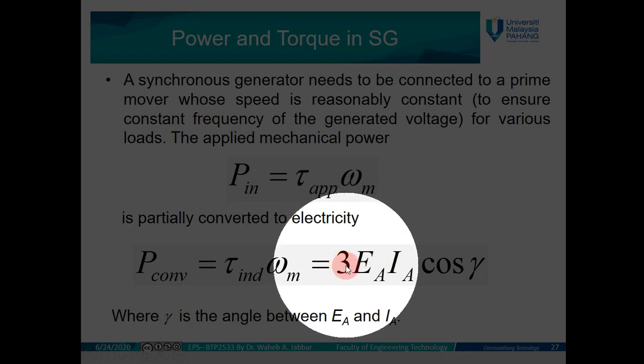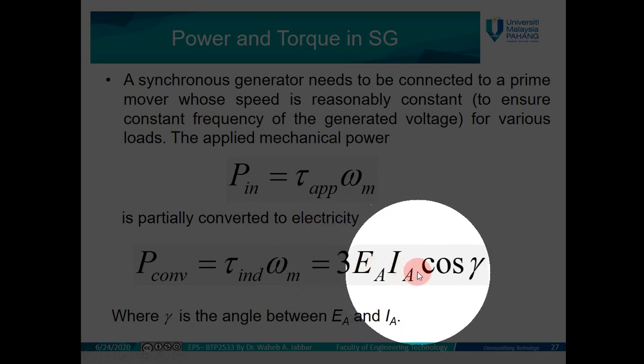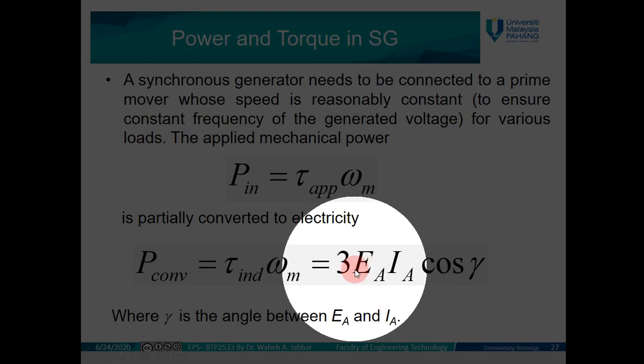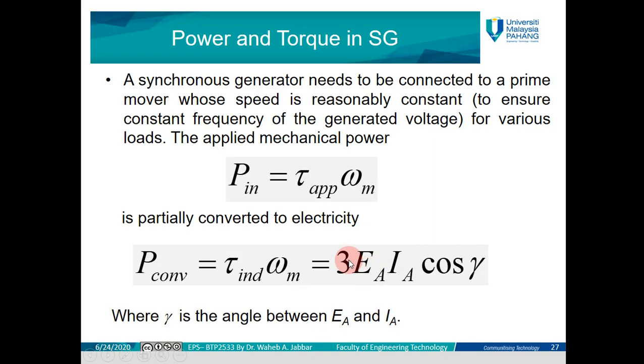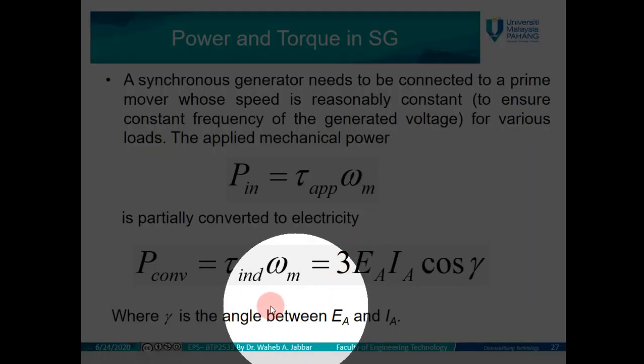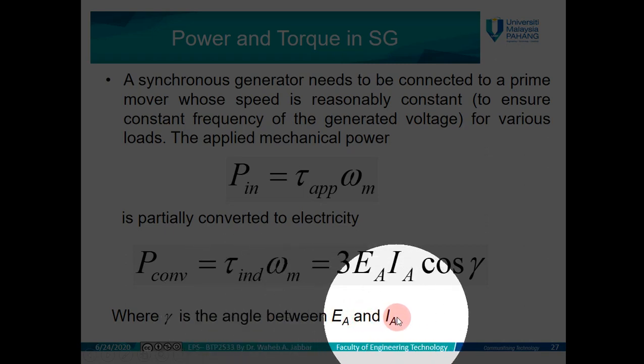Because usually the synchronous generator consists of three phases, so each phase generates EA, IA, cosine gamma, and the power is multiplied by three. Gamma is the angle between EA and IA.